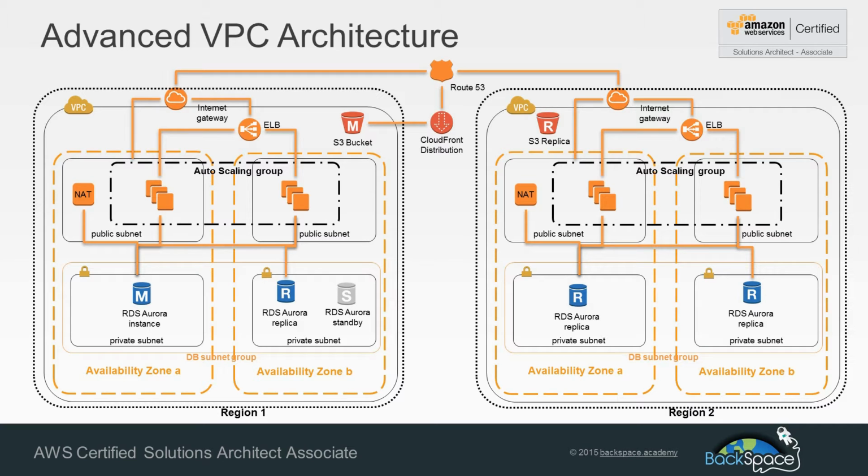It has cross-region capability, and so we can actually create a cross-region read replica of our RDS Aurora instance and have that located in our new region, and that will speed up our reads for that database significantly and reduce the latency for that end user.